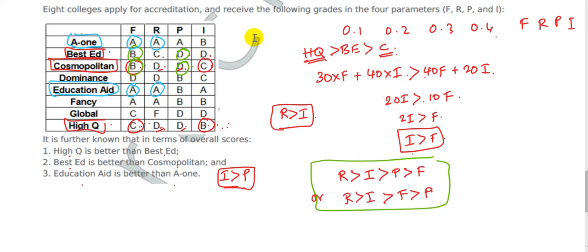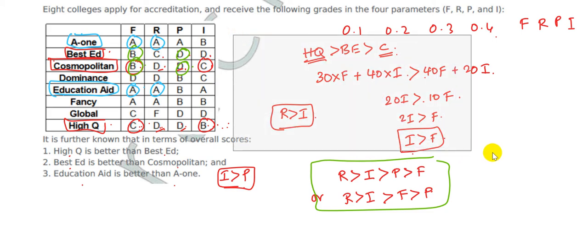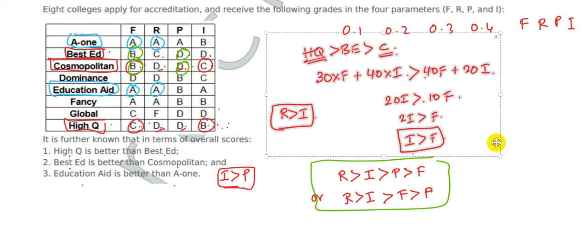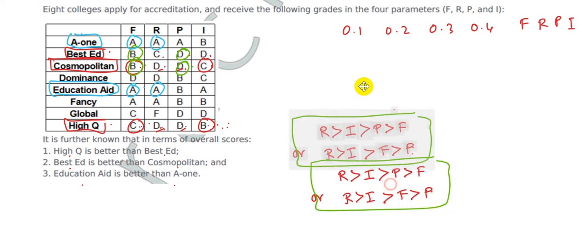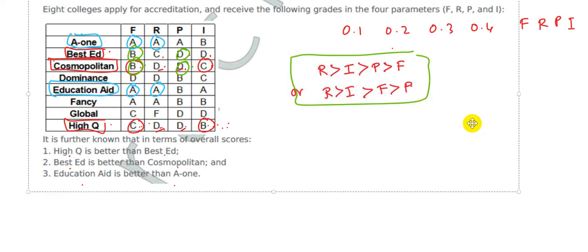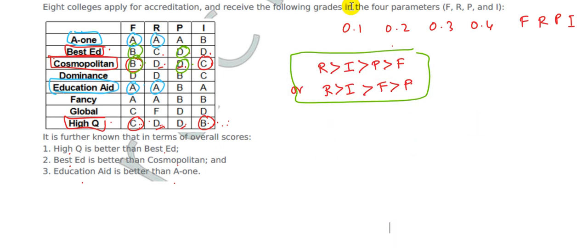Okay. So now we have got this part. It has to be either of the two cases. Now let us consider the two cases separately. This is case 1 and this is case 2.